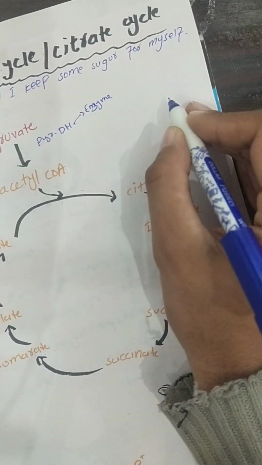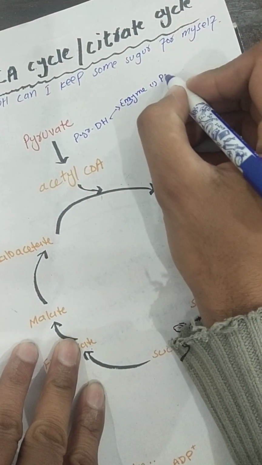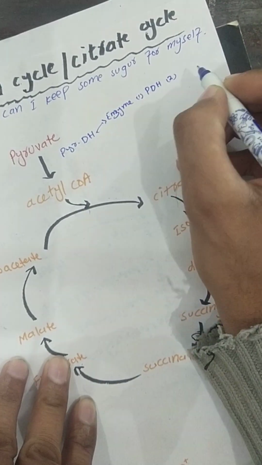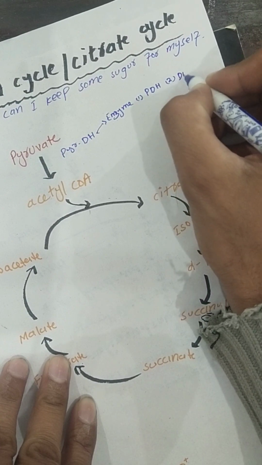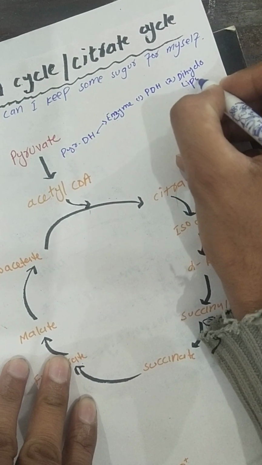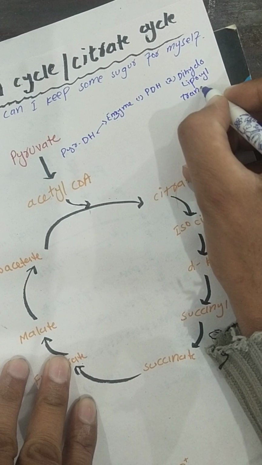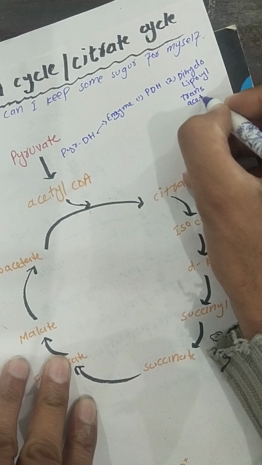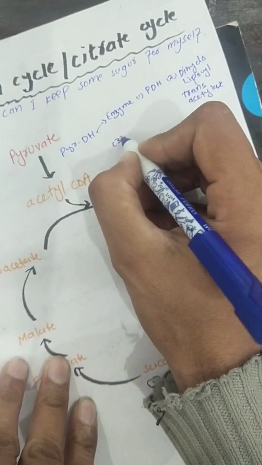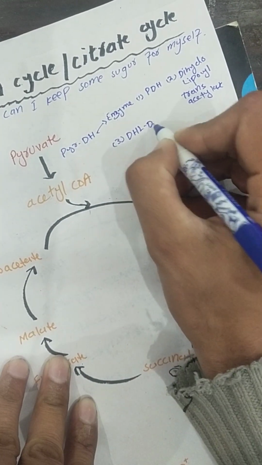The first enzyme is simply pyruvate dehydrogenase itself. The second enzyme in the pyruvate dehydrogenase complex is dihydrolipoyl transacetylase, and the third enzyme is dihydrolipoyl dehydrogenase.